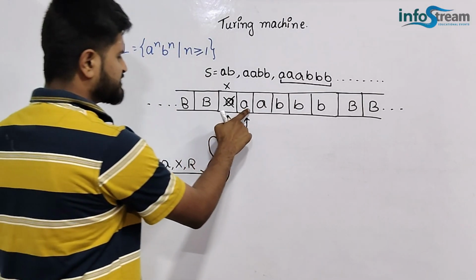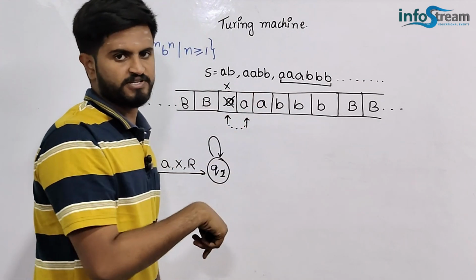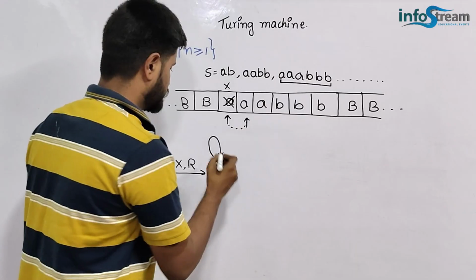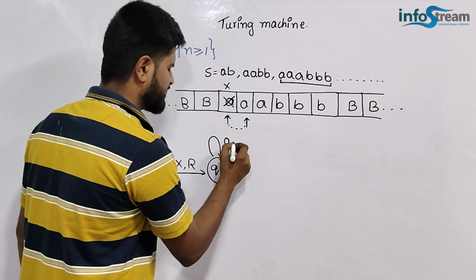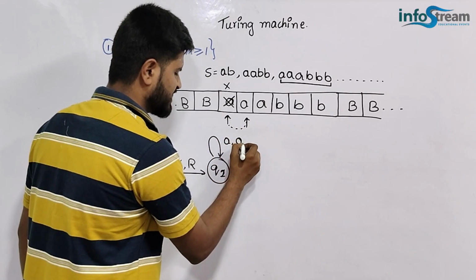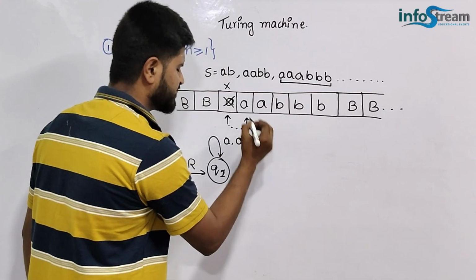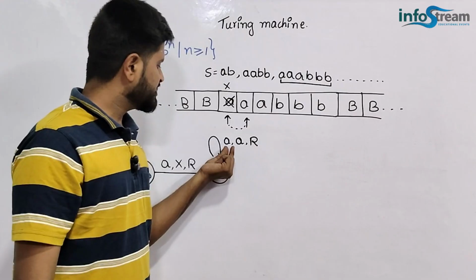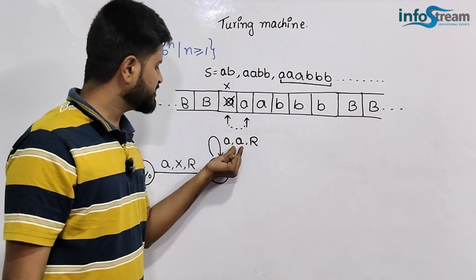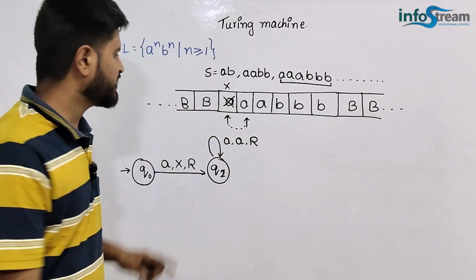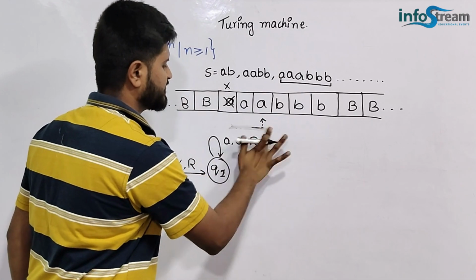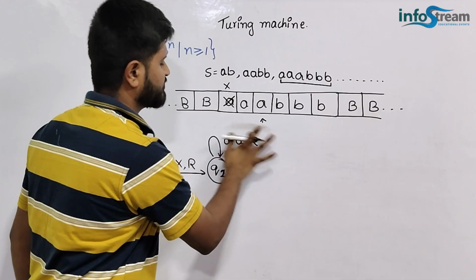So I can't replace the A value with X at this step itself. I will keep it as it is. When A occurs again, keep its name as A and move towards the right side.